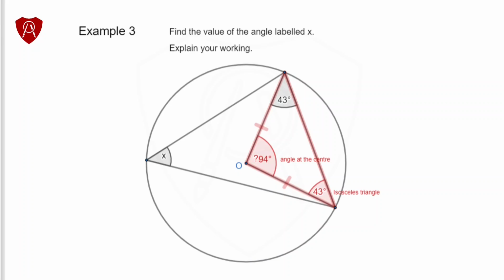So now x will be 94 degrees divided by 2. X is 47 degrees. The annotations on the diagram will help you construct an explanation of your working.